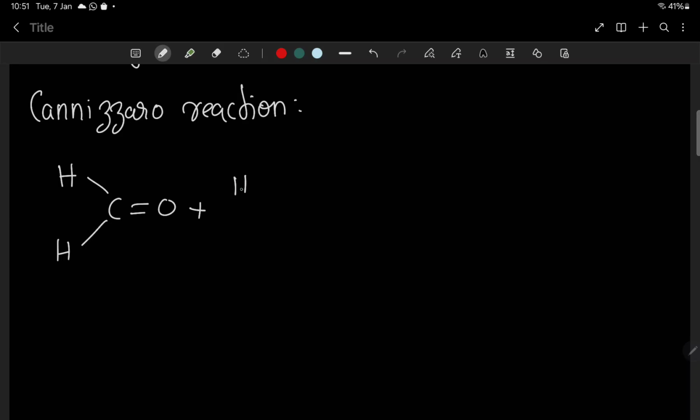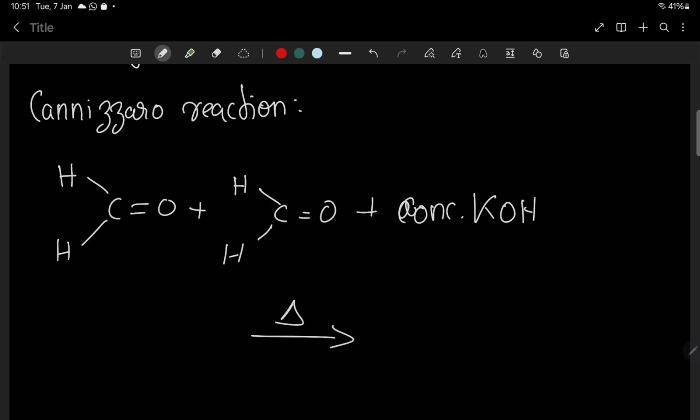Usually for aldol condensation we take two molecules. So here also you take 2 molecules and add concentrated KOH. In aldol condensation we just used dilute NaOH. Here we are using very concentrated KOH and heat it.